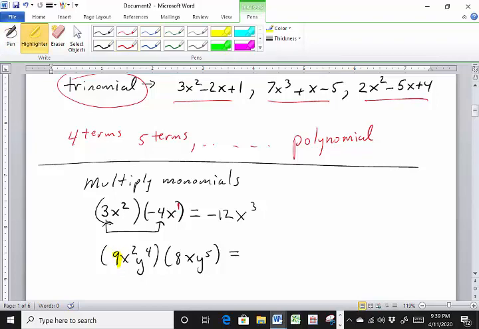The 9 and the 8 give us 72. Then let's multiply the x's together. x squared times x is x cubed. And then y to the 4th times y to the 5th: add 4 plus 5, you get y to the 9th. So your answer is 72 x cubed y to the 9th.